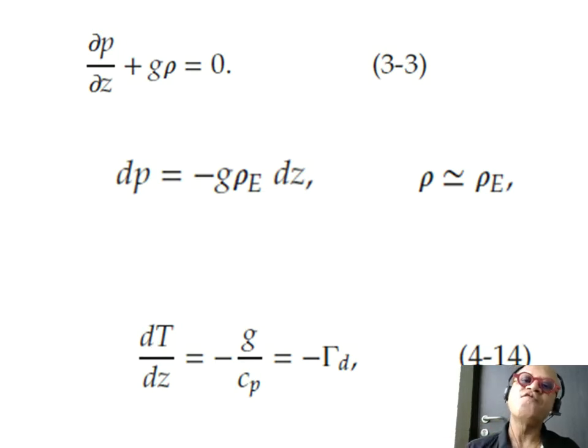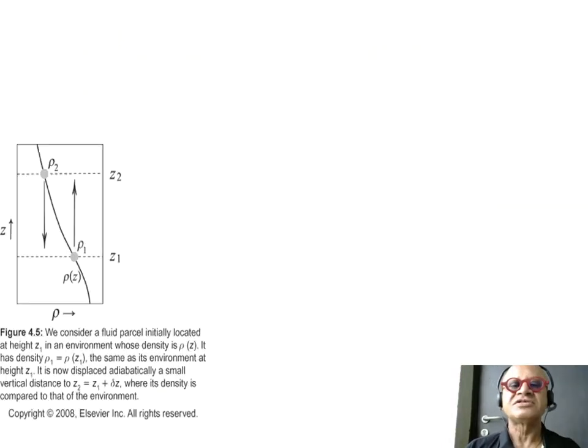So if you move a dry parcel of air where expansion doesn't lead to condensation heating, what is the lapse rate? That is dT/dz, just the temperature change with height above the surface if the air is dry.